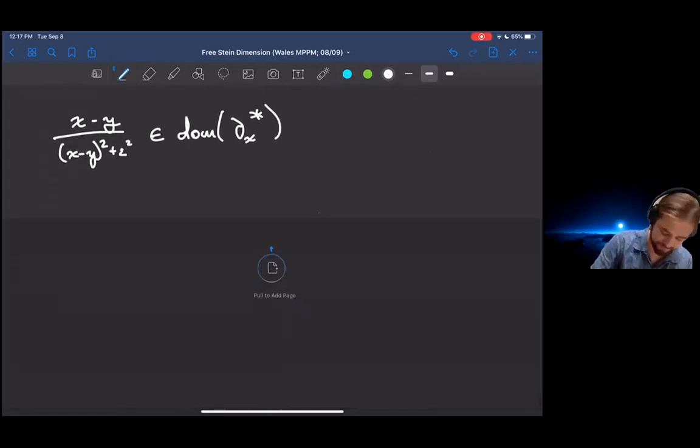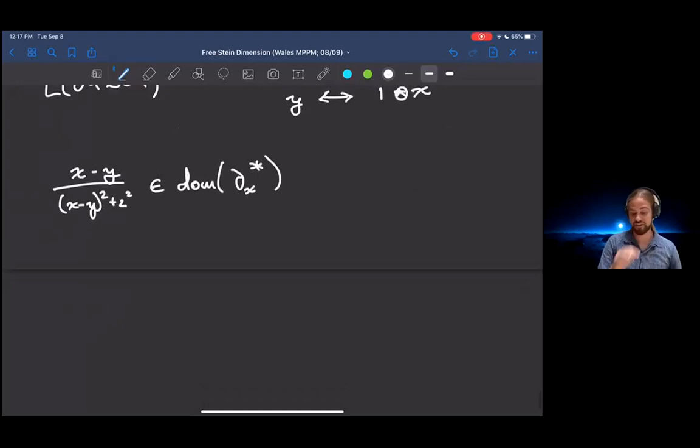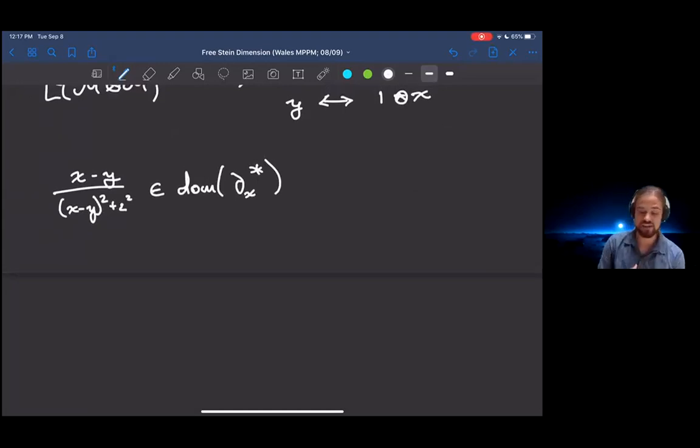And that just comes down to doing a computation, right? So how do you check that something is in the domain of the adjoint of the pre-difference quotient? So you want to essentially try to do integration by parts.